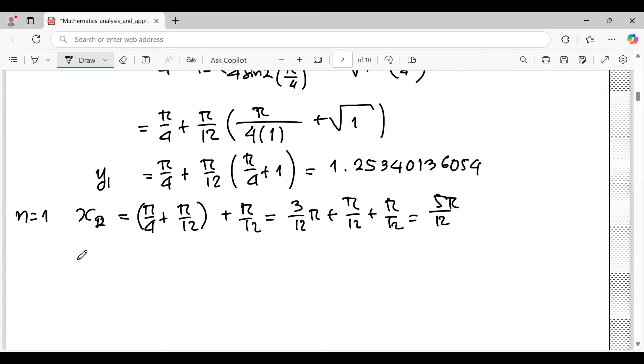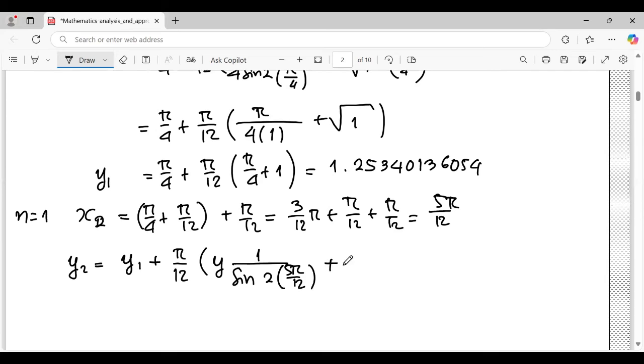It means y2 is y1 plus pi over 12 times (y1 over sine of 2 times 5 pi over 12, plus square root tangent 5 pi over 12).